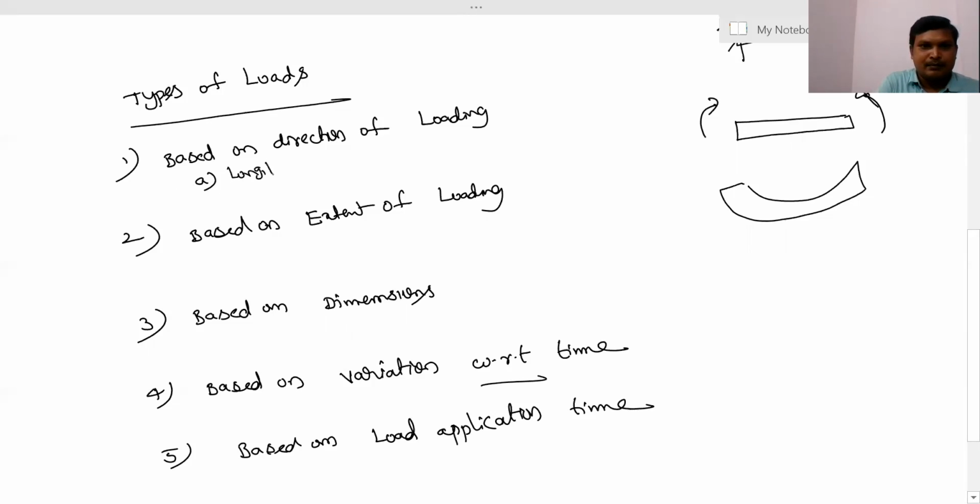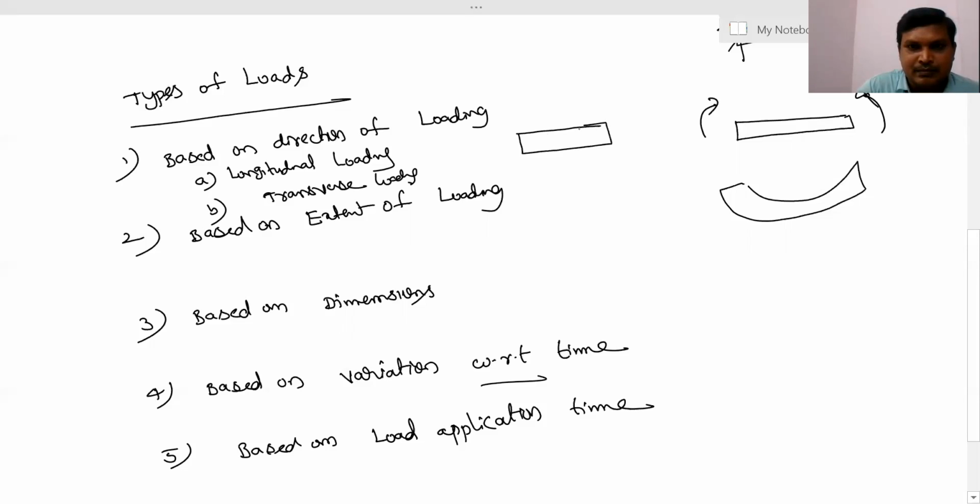longitudinal loading and transverse loading. So longitudinal loading means, I'm taking a member like this. This is the axis of this member.